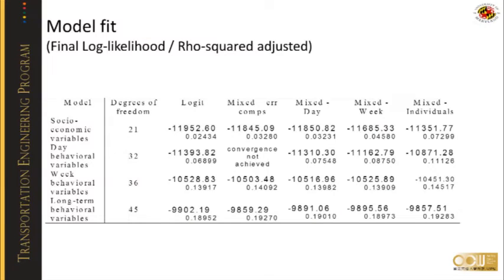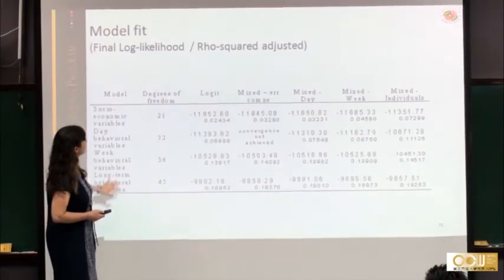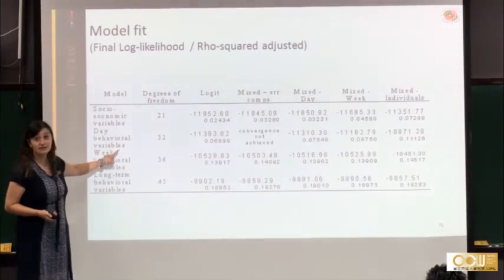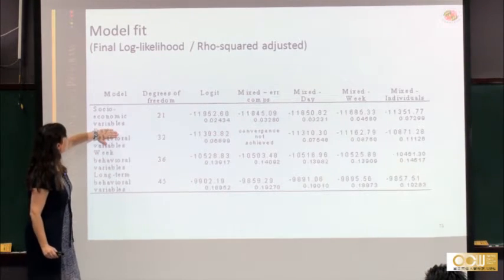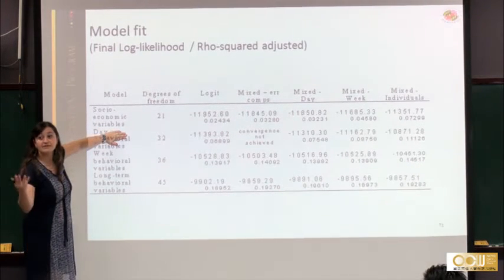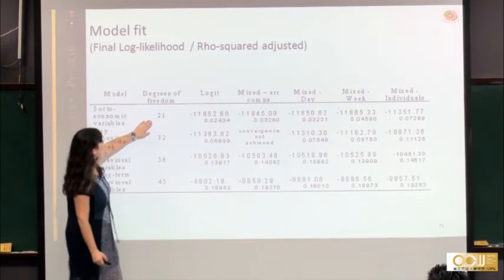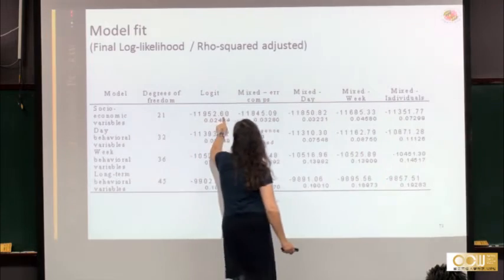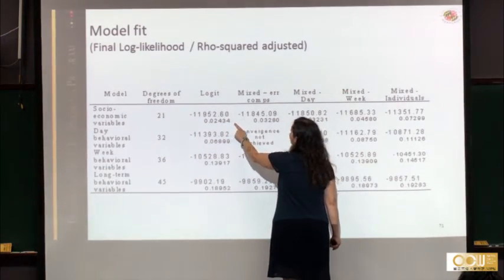But I want to show you this. So this was with all the variables, right? Now let's look at this, which is just the log likelihood with the set of variables. So consider just the socioeconomic variables, right? This is the way we always calibrate, without accounting for history. So this is for logit, and this is the value of the rho squared.